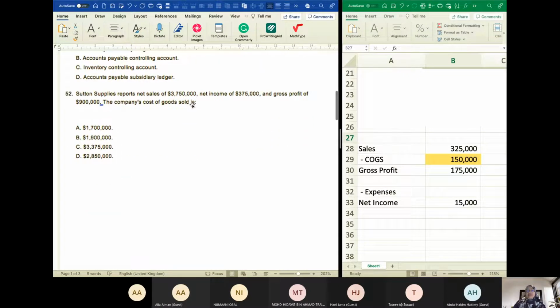Okay, next is the interesting question. We have net sales of 3,750,000, or 3.75 million. Net income 375,000, and a gross profit.